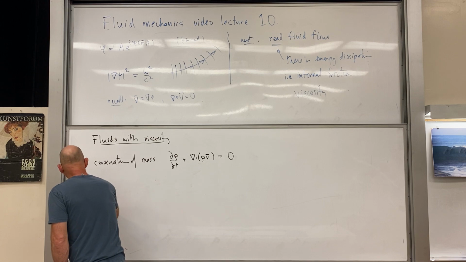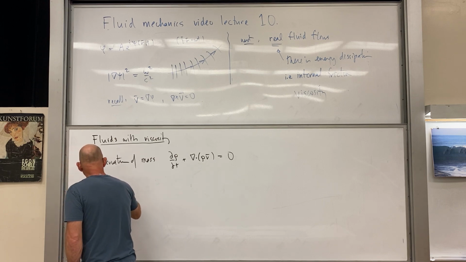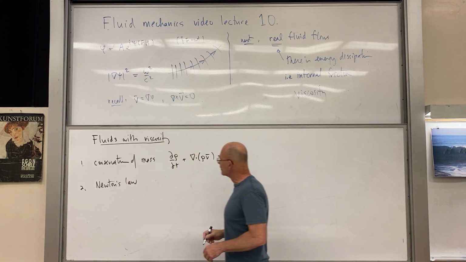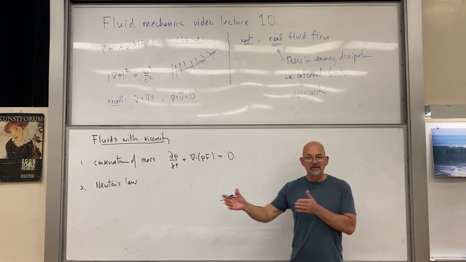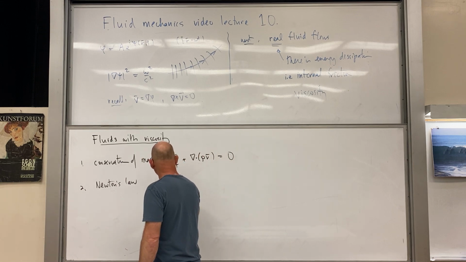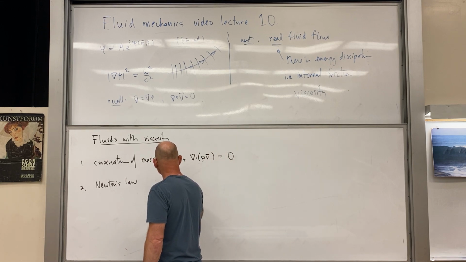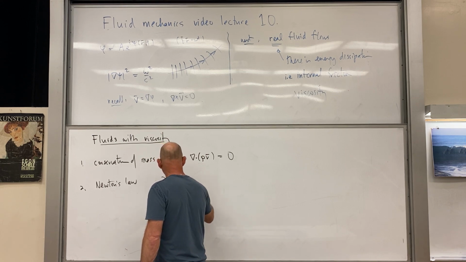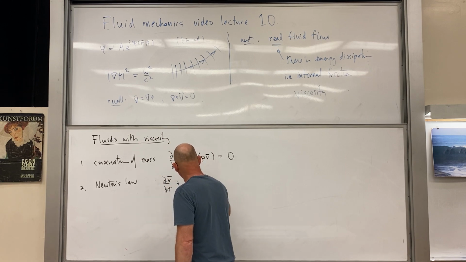But the next point, I'm just going to write Newton's law. And remember, when we transformed Newton's law to the fluid field situation, we had the acceleration, dv/dt plus v dot gradient of v.